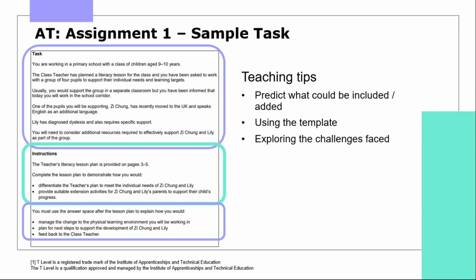Next step planning will also be an area which teachers could explore in depth with the students, and providing feedback to the class teacher, ensuring that the content is relevant and useful. You could also cover and evaluate those in your teaching and learning classroom activities.